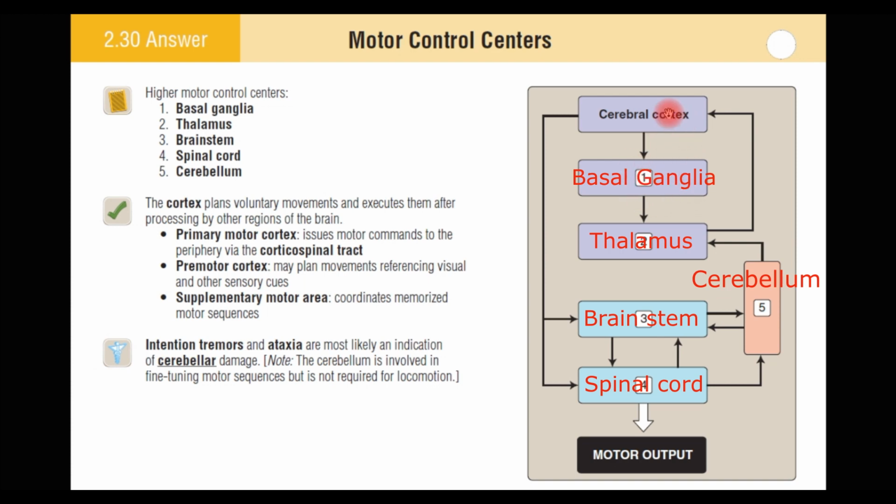It receives the signal from the cerebral cortex, processes it, sends it to the thalamus, and from the thalamus it comes back to the cerebral cortex so that the cortex can powerfully initiate the movement to the descending tracts, either to the brain stem or to the spinal cord directly. In major cases, the spinal cord directly. From here arises the alpha motor neuron as a motor output which supplies to the muscle.